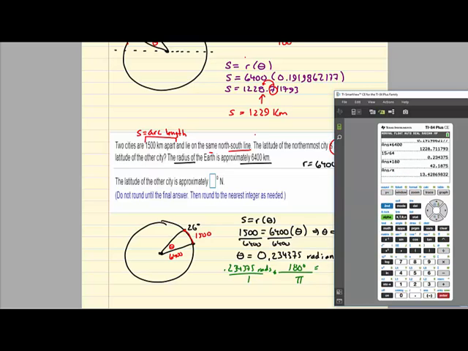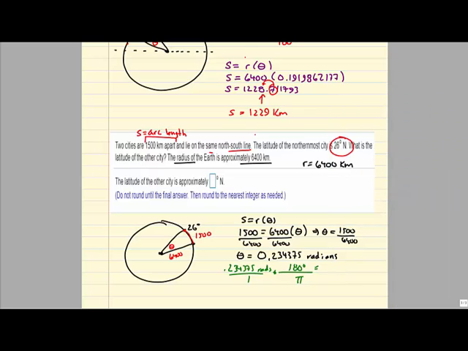And so I get 13.42869. So I get theta equals 13.42869832 degrees. So that's this value right here. So we'll say it's about 13 degrees.